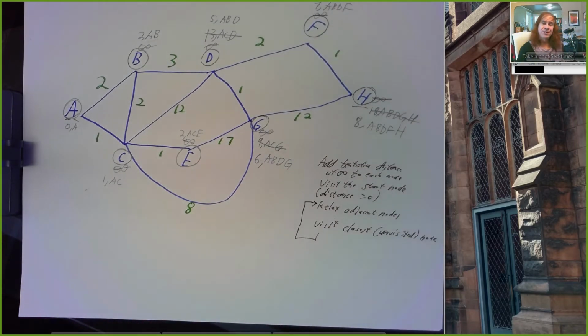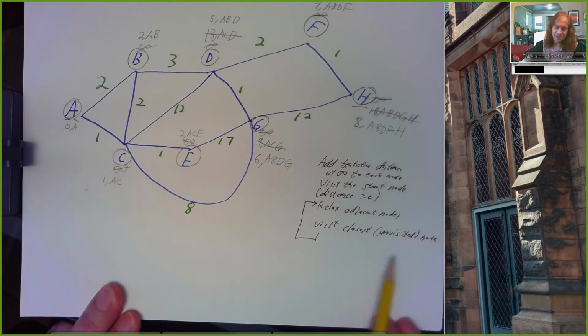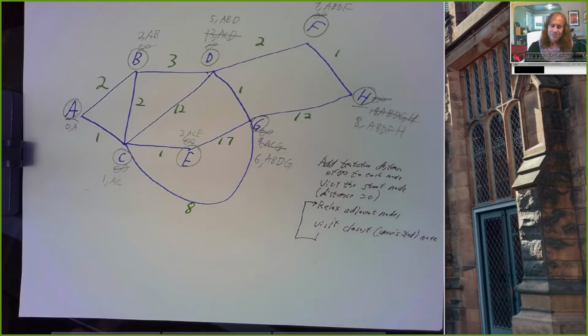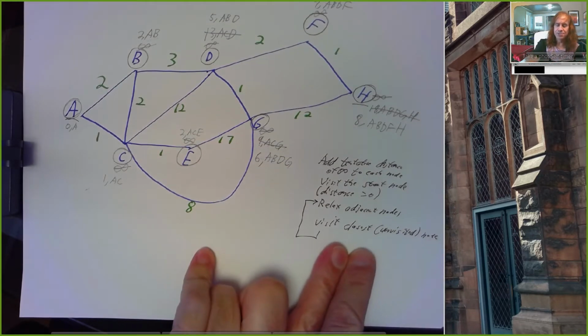This is a nice application for a heap, by the way, because of visiting the closest unvisited node. If you store all your unvisited nodes in a heap and you use a min heap where you store it based on distance, then the root of that heap is always your closest unvisited node.